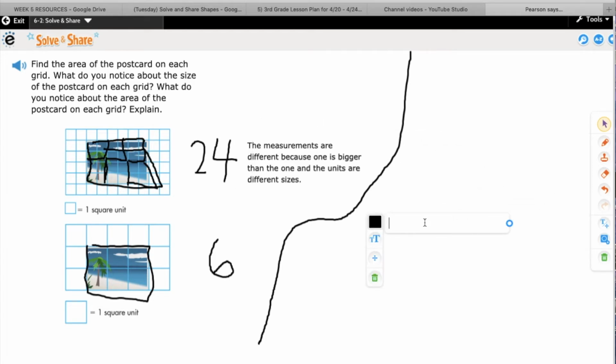There we go. Okay, this is your look back. So are the measurements of the areas the same? No. The areas are the same, but the measurements are different because the square units for each postcard are different sizes.